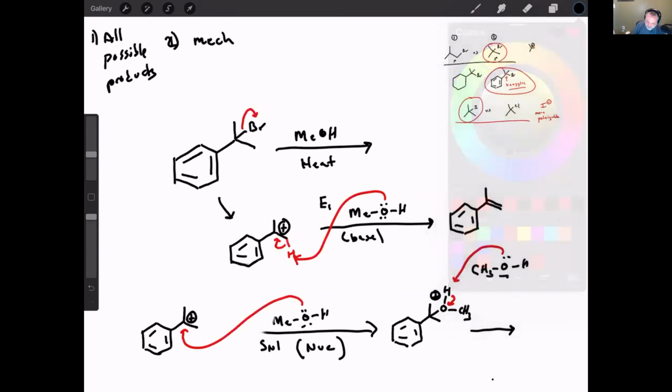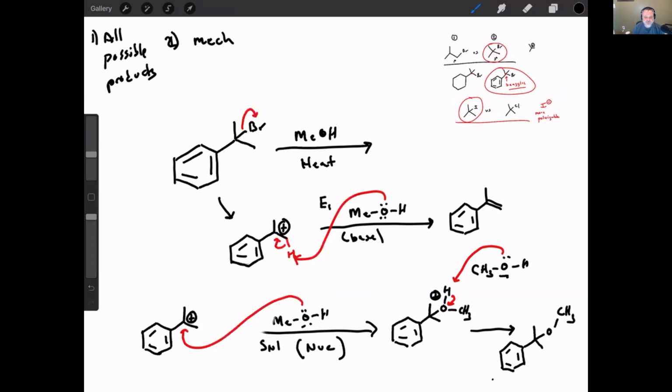And the final product in this case would be an ether. I've formed an ether bond, an ROR bond. Now, if I would have used water, I wouldn't have formed an ether. I would have formed an alcohol.